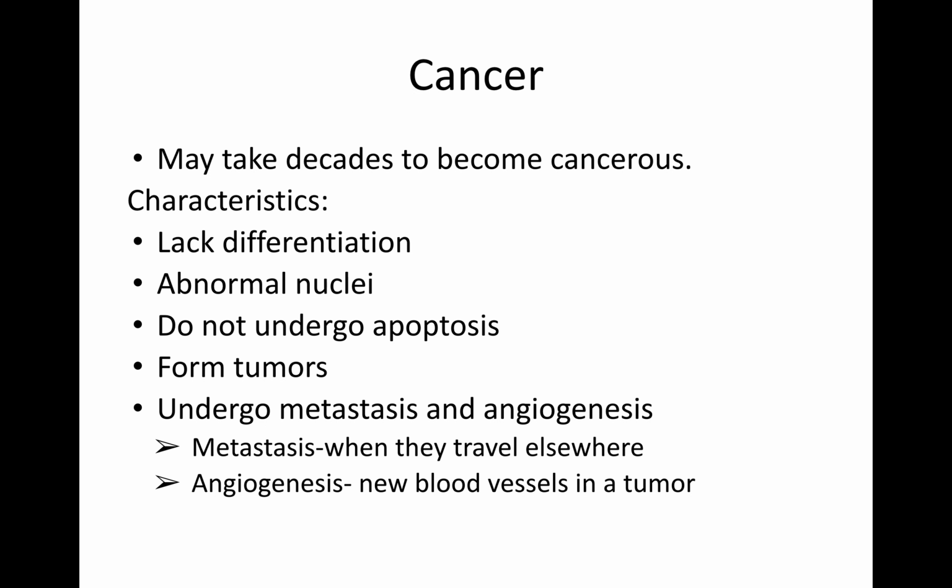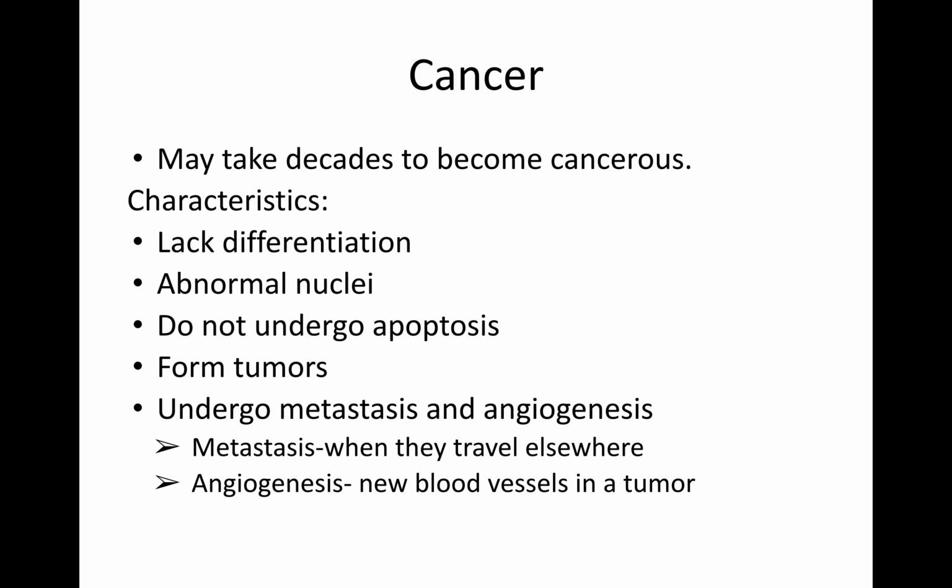And they can undergo two different things, okay? You need to know these two things. Metastasis is when cancer cells travel somewhere else. That's what I just talked about. And angiogenesis is when there's a tumor, and your blood vessels will actually form around that tumor and feed it.